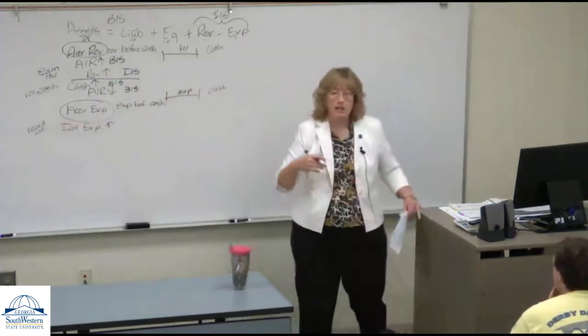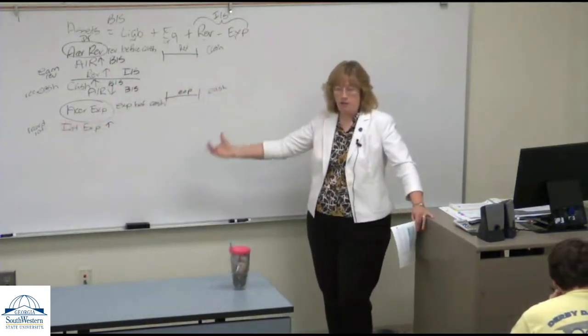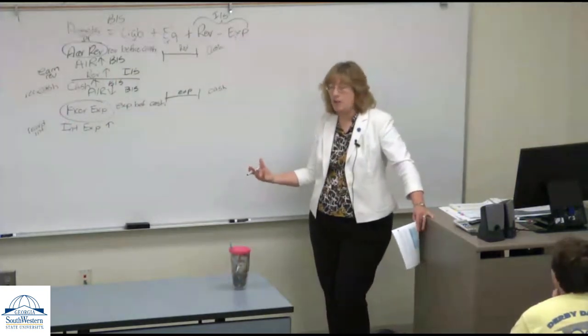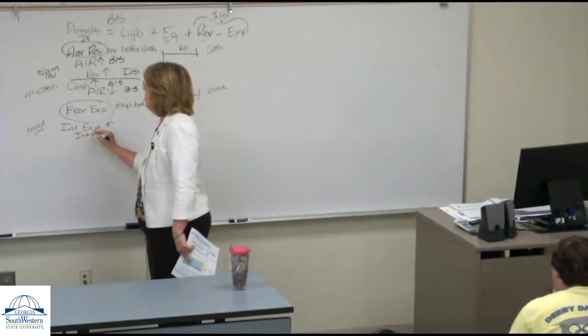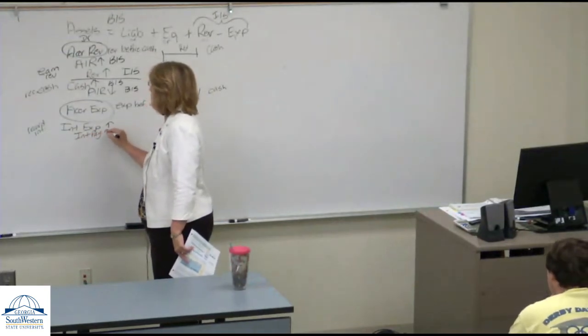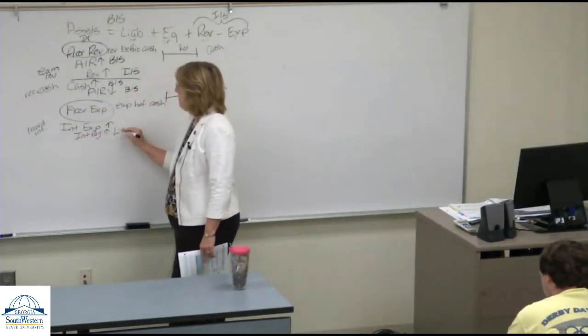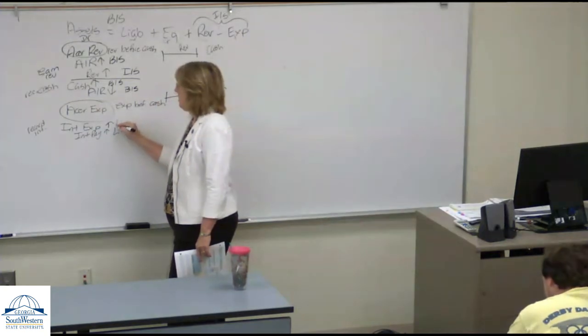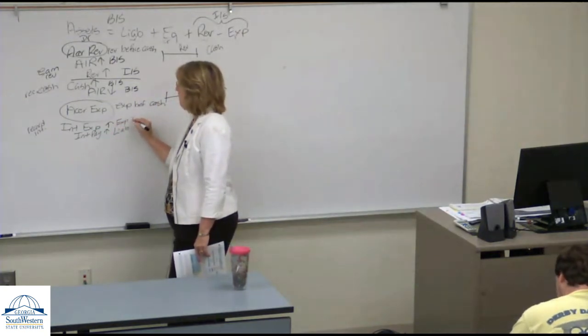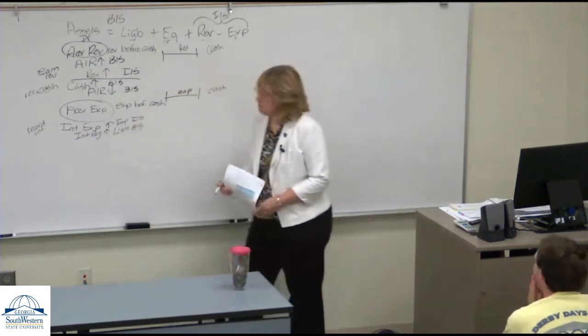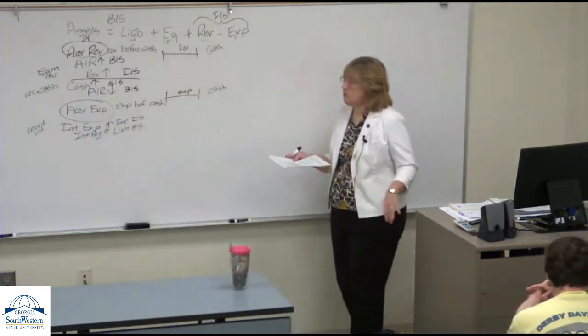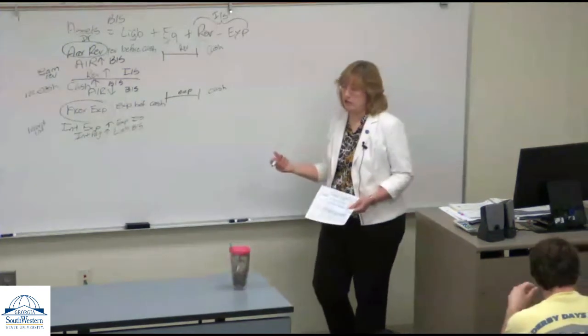And what is the other side of this entry? Interest payable, because we owe this interest now. We're increasing interest payable, which is a liability, and interest expense is an expense account. This one's on the income statement, and this one's on the balance sheet, right? Okay, so this is when we record the interest.